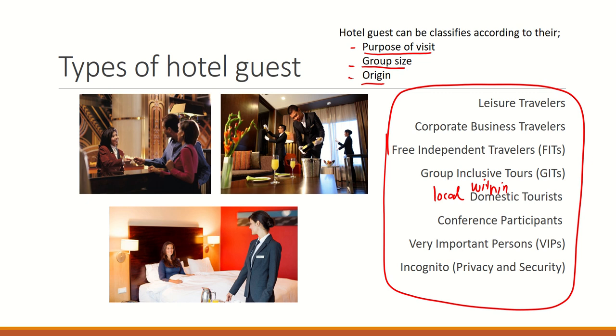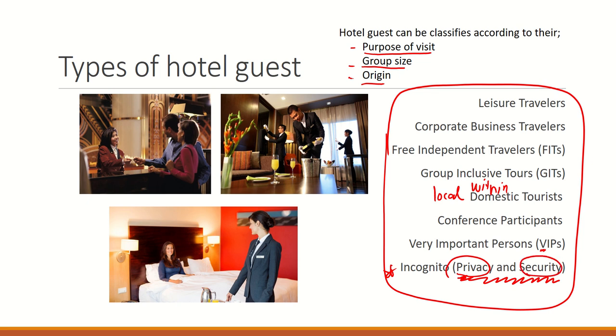Conference participants, VIP, incognito. Okay, this one. Very, very, very important. For this one, there is only one V. But for the last one, I just added many V's, because this kind of guest needs privacy and security.